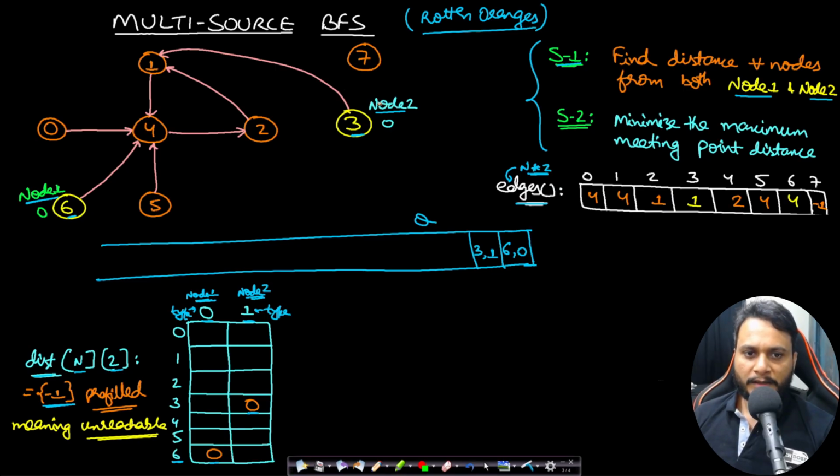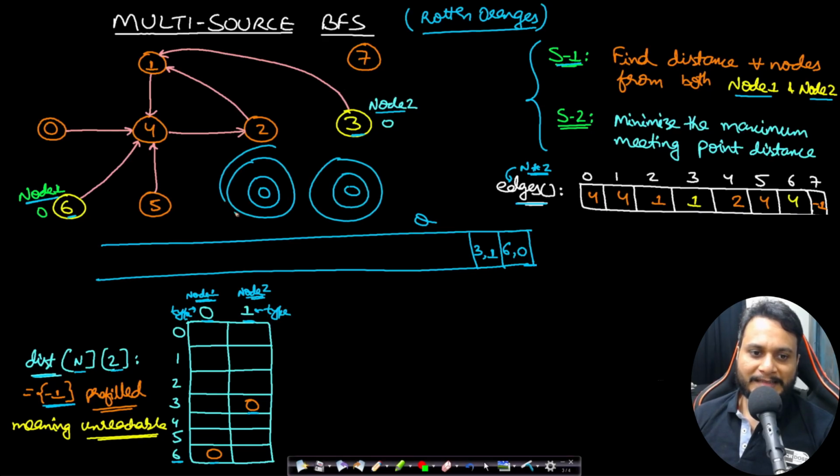Now why is this important? This is important because if we traverse a node for the second time, then still it should be traversable if we are reaching there from 2 different sources. Like if we reach 1 from 3, then later I will be reaching 1 via 6 because the distance is more. In the multi-source BFS, we will be expanding from all the sources at the same time.